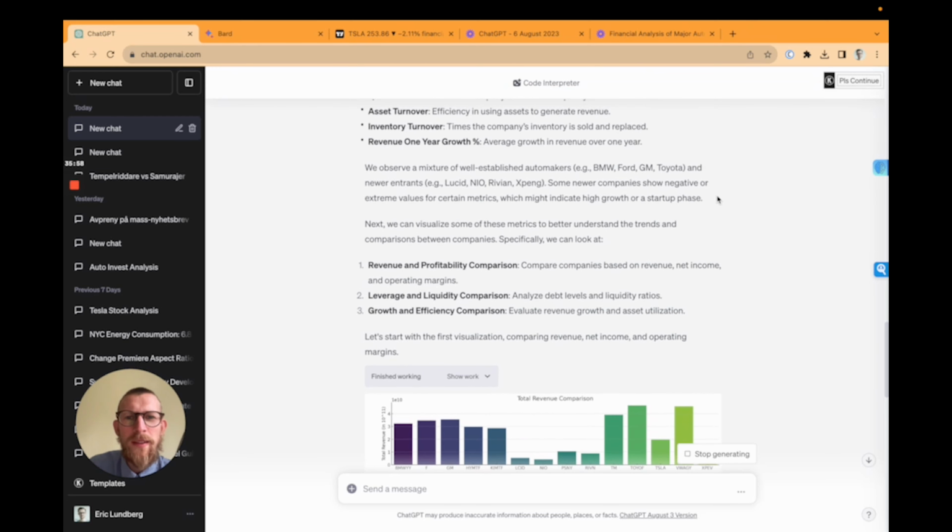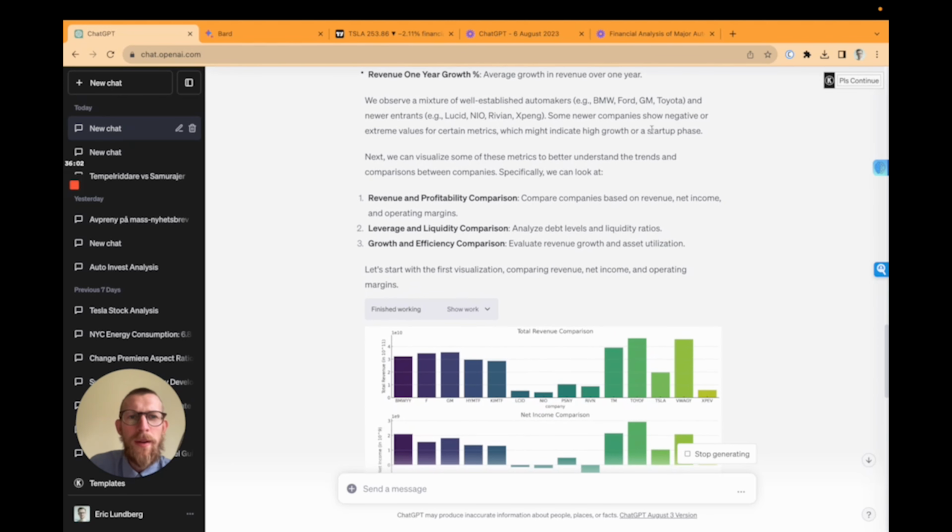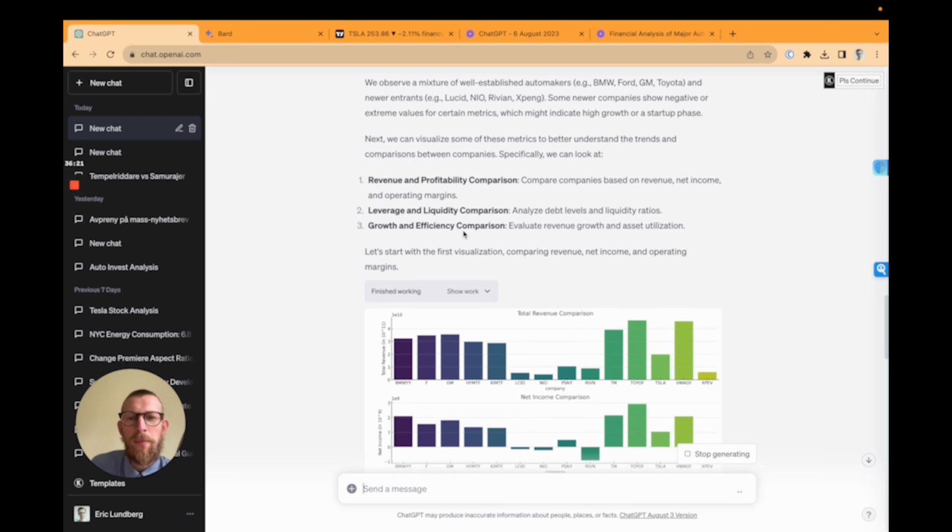Okay, so it now will visualize some of these metrics to better understand the trends and comparison between companies. Specifically, we can look at revenue and profitability comparisons, leverage and liquidity comparisons, growth and efficiency comparisons.